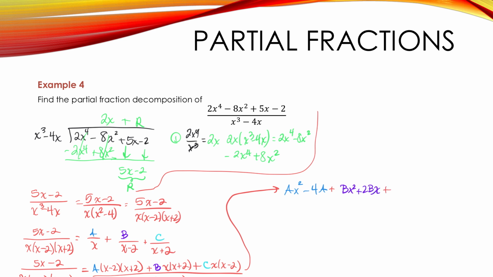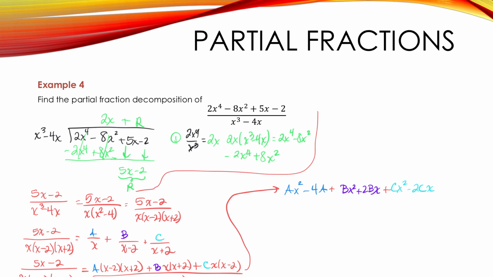And then for c, I've got cx squared minus 2cx, right? ax squared minus 4a plus bx squared plus 2bx plus cx squared minus 2cx.